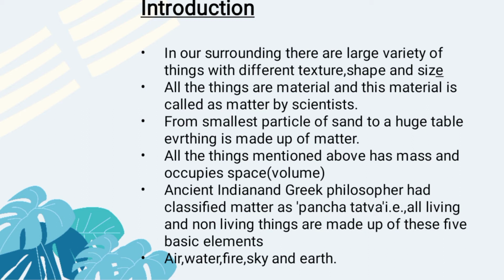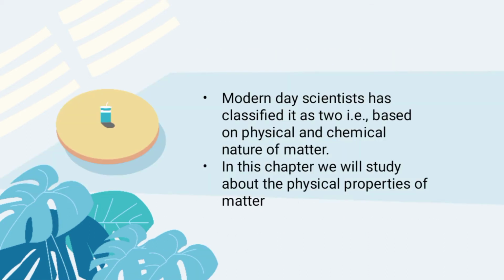But coming to modern days, modern day scientists have classified matter into 2 types, based on their physical and chemical nature. Physical in the sense of their appearance, how they look, and chemical in the sense of how they are composed.